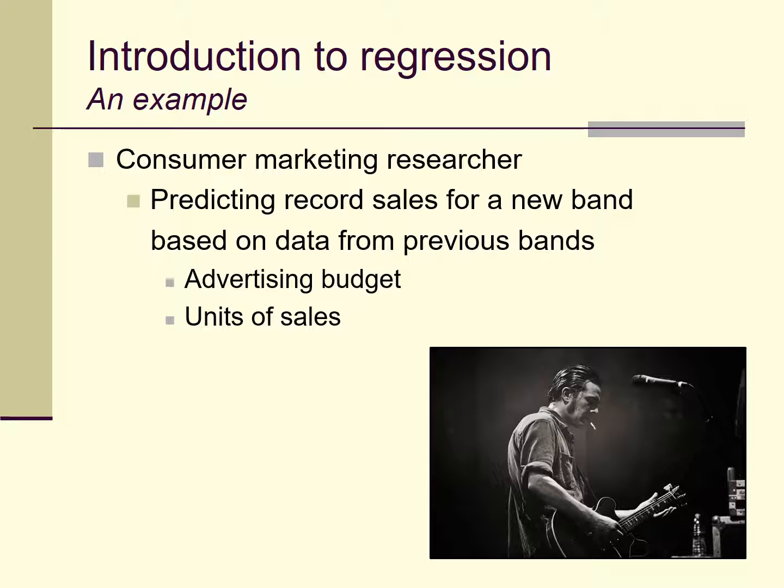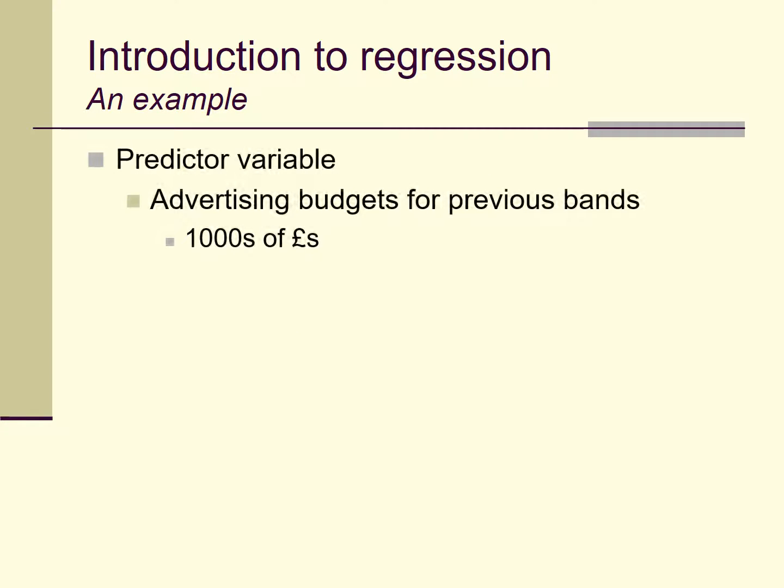And in order to develop a model that would allow you to make such a prediction, you get from the record company a data set that includes the 200 previous bands that they have launched. So how much money was put into each of the advertising budgets for those bands and how much record sales they eventually did. So again, our predictor variable is advertising budget of previous bands.